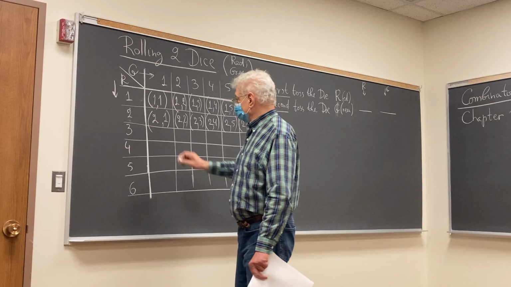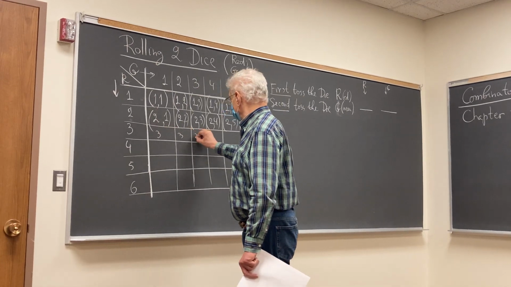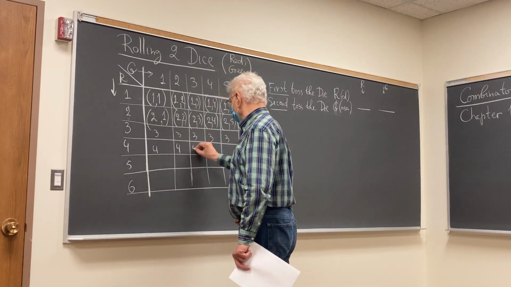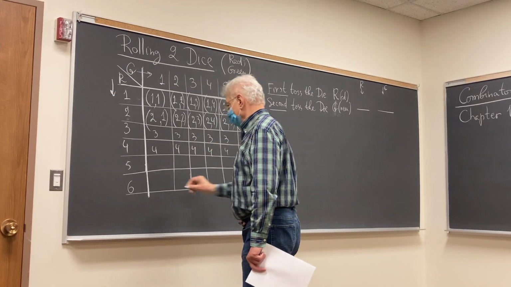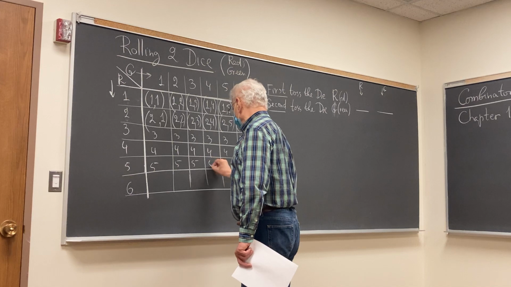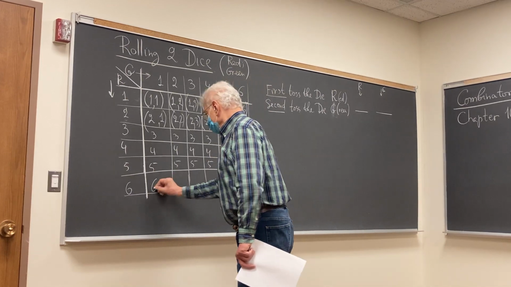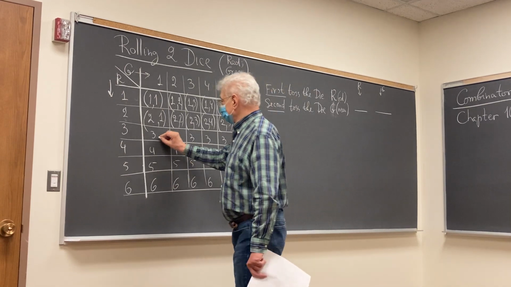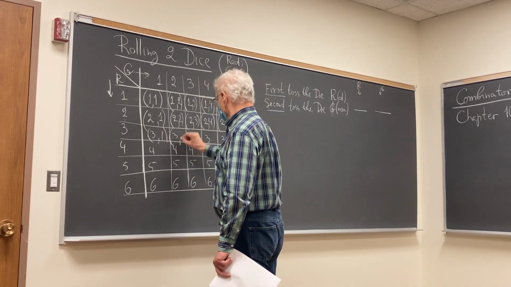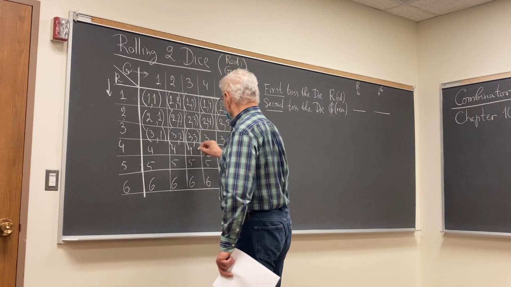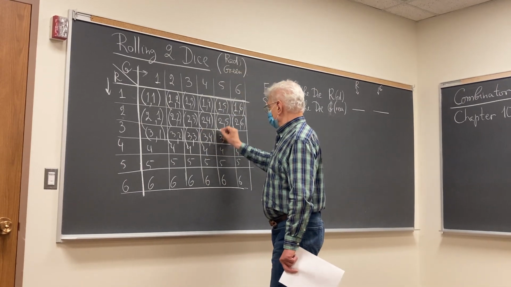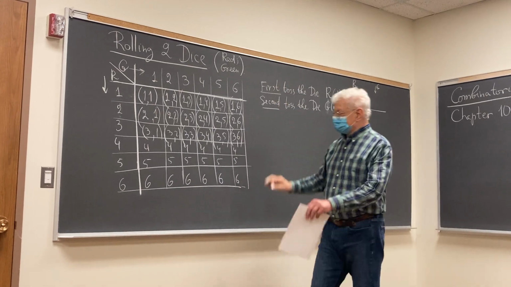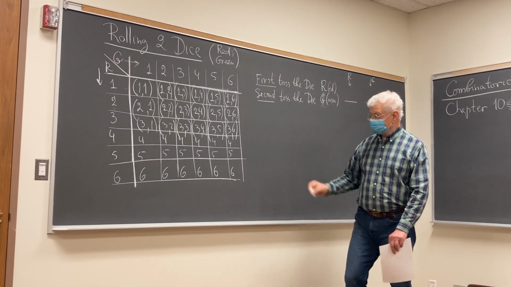And let me finish the other ones. You have 3 repeated six times, here we have 4 repeated six times, then 5, then 6, and then you write the same second outcomes 1, 2, 3, 4, 5, 6. Let me just, not finishing this table, write something.